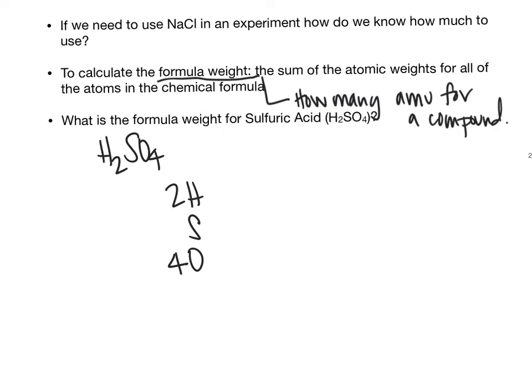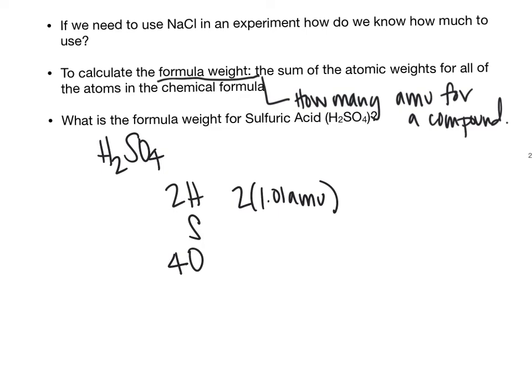Every periodic table has a different number of decimal places. Some have 2, some have 5. How do we make it the same? We are going to use 2 decimal places. So for hydrogen, it will be 2 times 1.01 AMU.